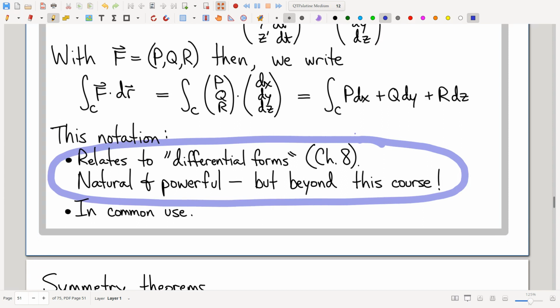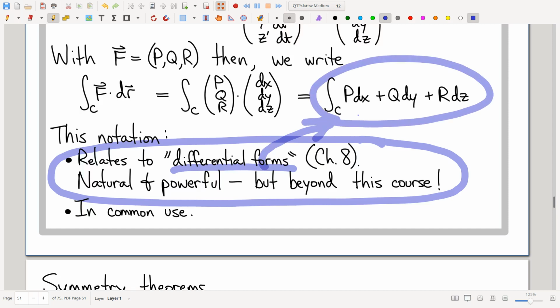One is kind of historical or cultural, I guess you might say. It turns out there is this thing called differential forms. This is a very, very powerful idea. This is one of the important tools that allowed for massive progress in how to understand vector calculus in the early to middle 20th century. Extremely powerful ideas called differential forms, and it turns out they look pretty much like this. This is what we would call an integral of a differential one form.